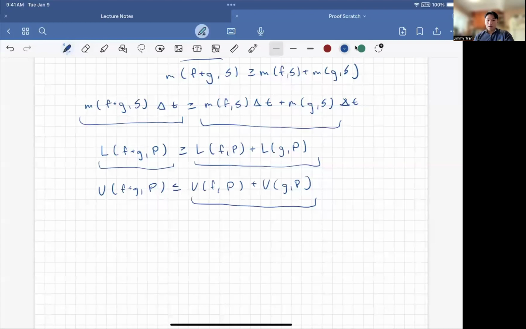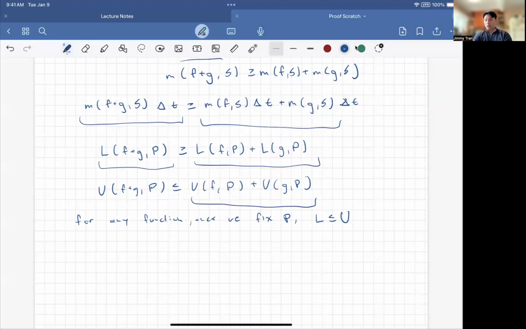And so now that we have these two here, we can say that for any function, once we fix the partition P, we can automatically say that the lower Darboux sum is less than or equal to the upper Darboux sum.